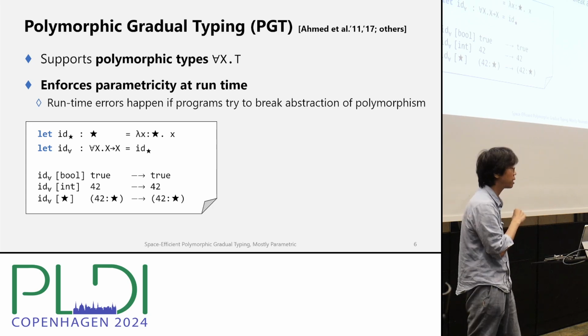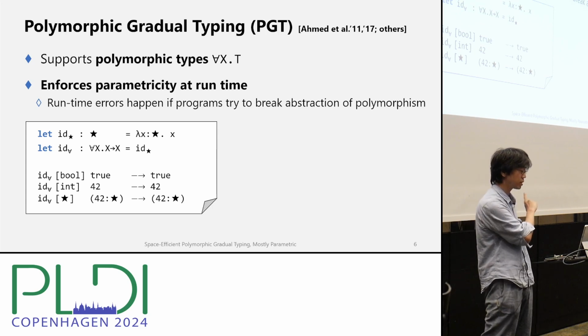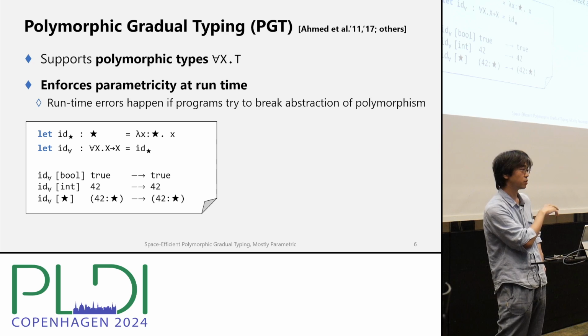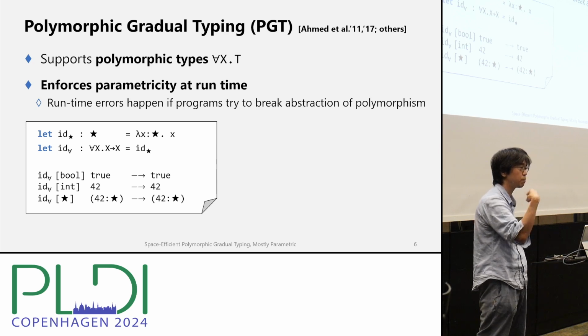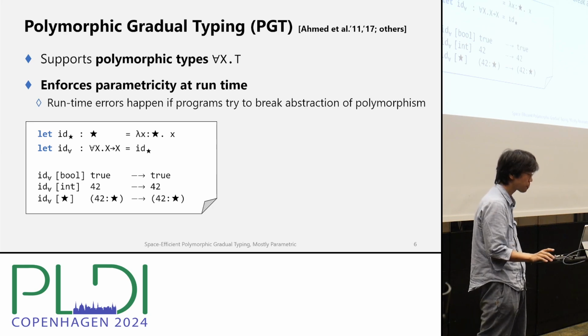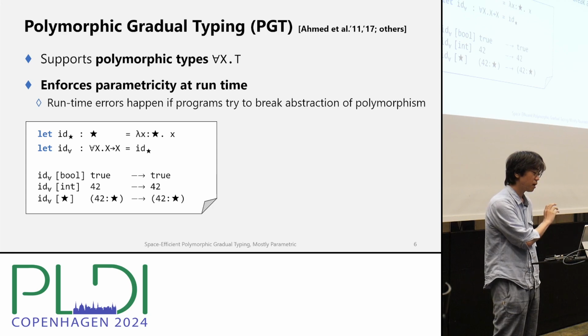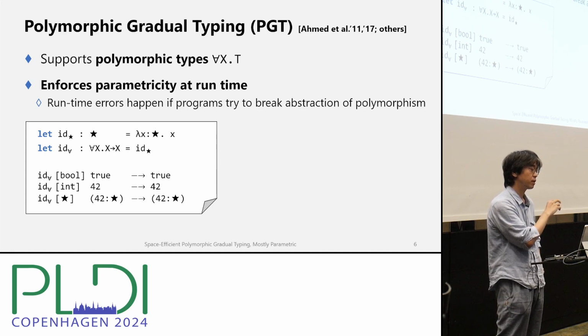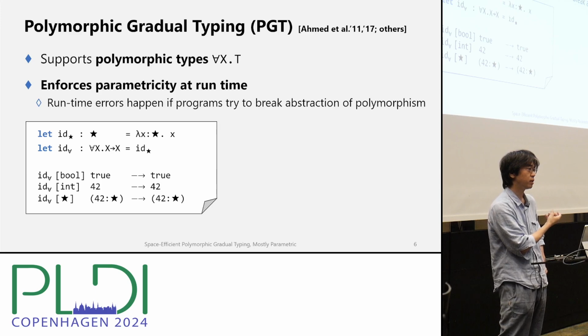Okay, let's see one example. Here, ID star is just an identity function, and it is converted to a polymorphic identity function through the star dynamic type. So then ID star can behave independently of arguments, so it can be used as a polymorphic identity function. There's no problem.